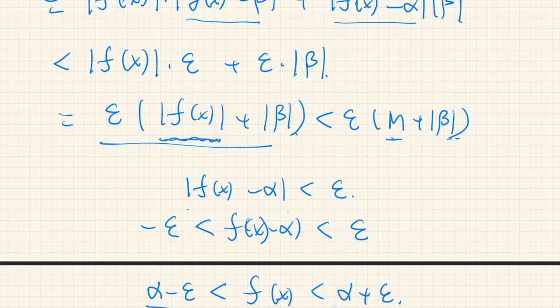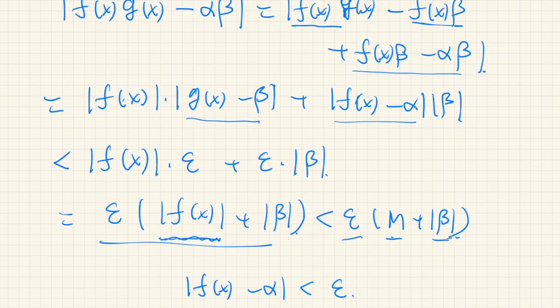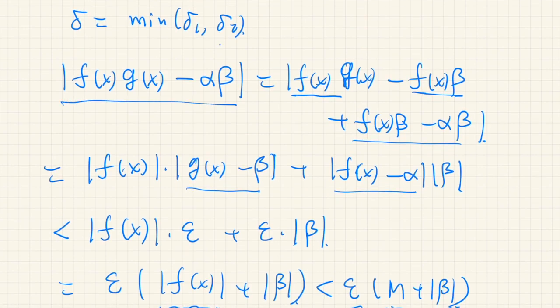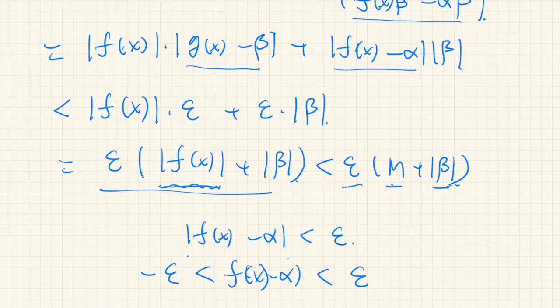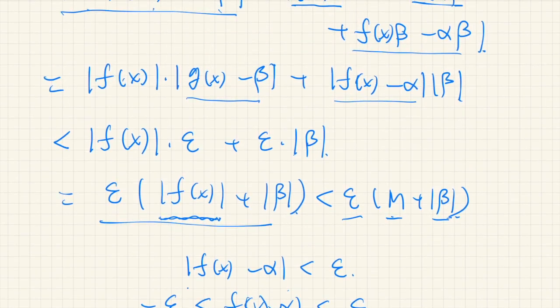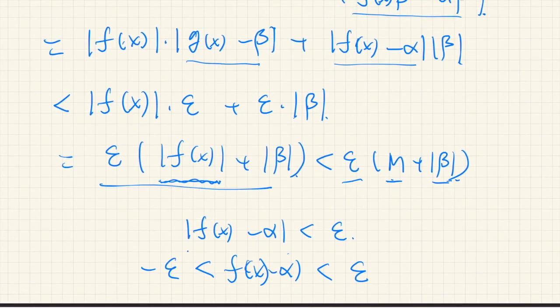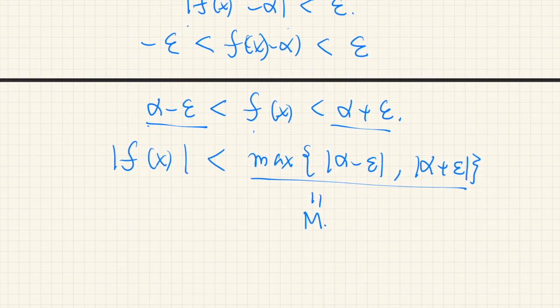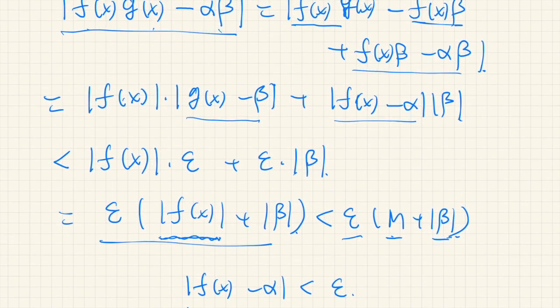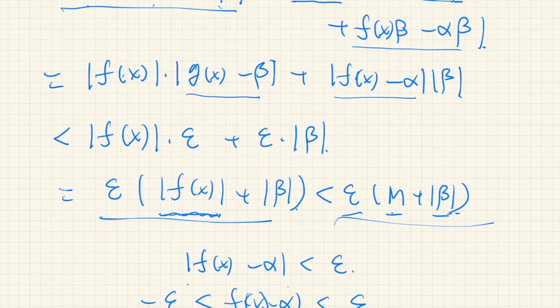M and beta are both constants, and epsilon is any positive real number. So that means this difference between the products is less than an arbitrary positive number. Arbitrary positive number, where is it? Here.